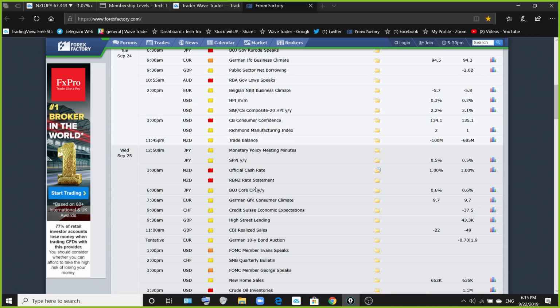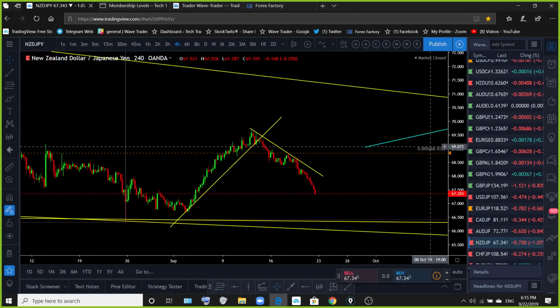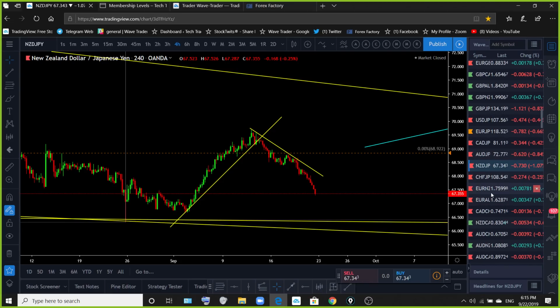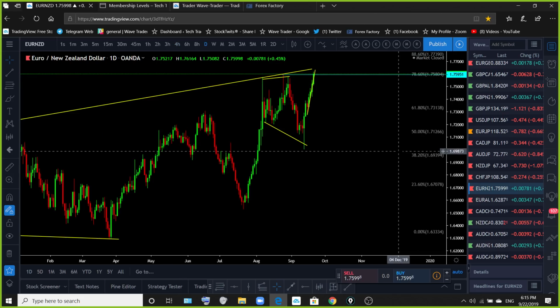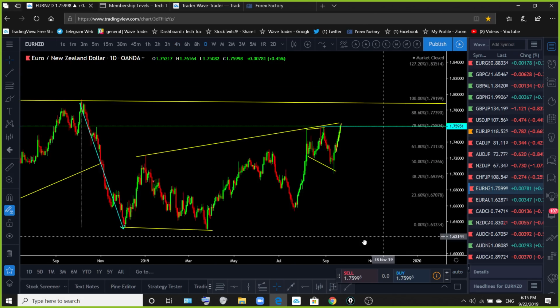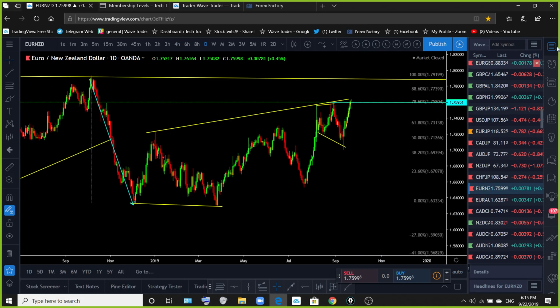So if signs are good, recovery signs come in, then obviously Kiwi is gonna continue to go higher. So the Euro New Zealand dollar chart, the bigger chart, the trade setup chart I have just shown you.